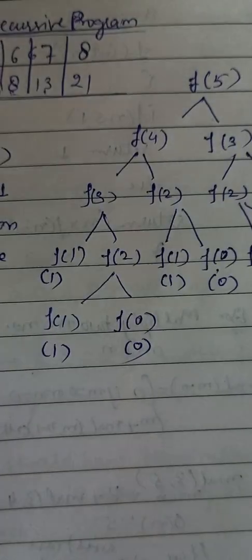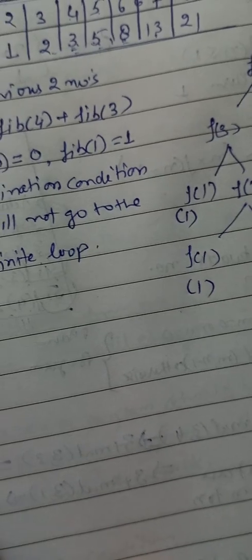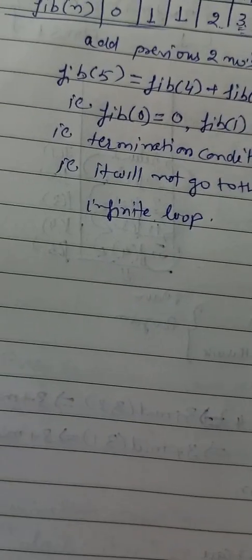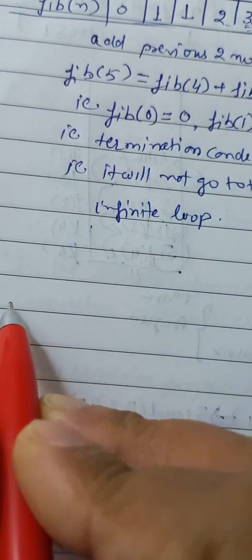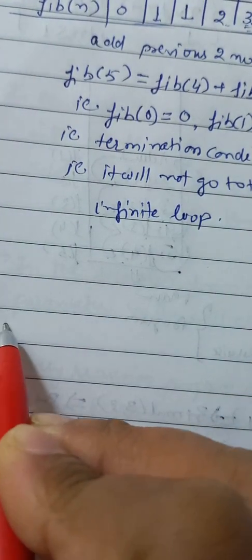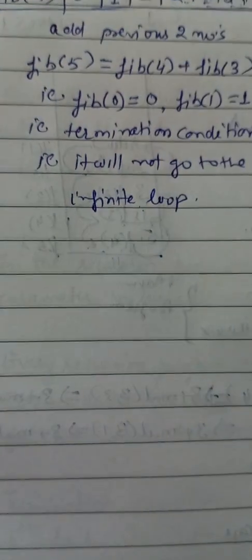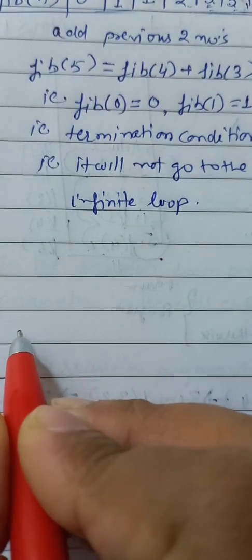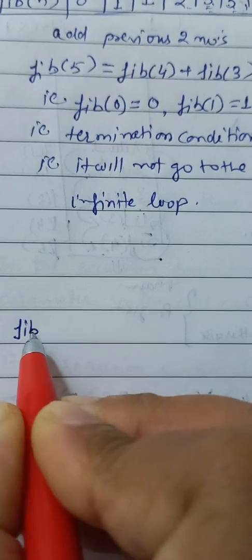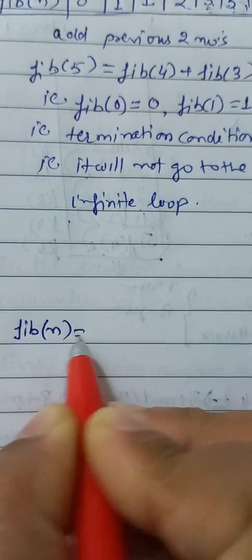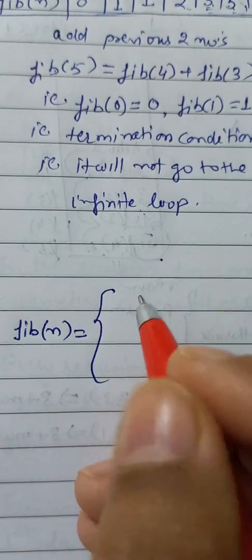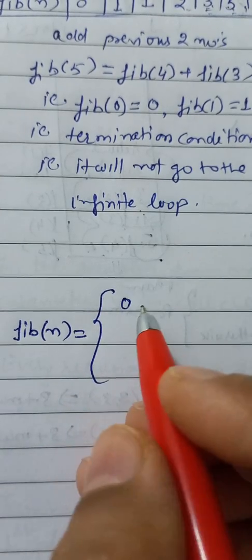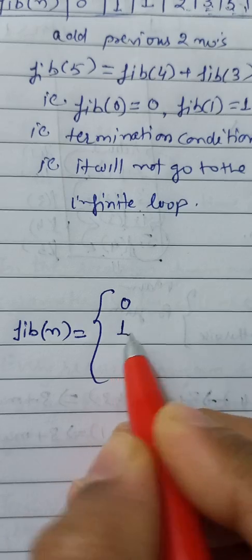So how are we going to write the recurrence relation for the Fibonacci series? We can simply write it like this: Fibonacci n, what will it be? It will be 0 or it will be 1.